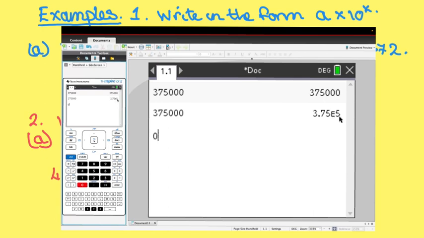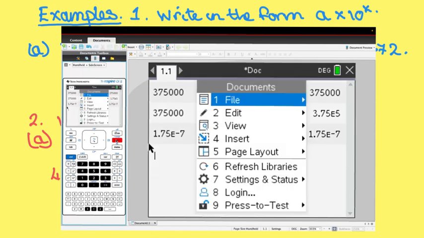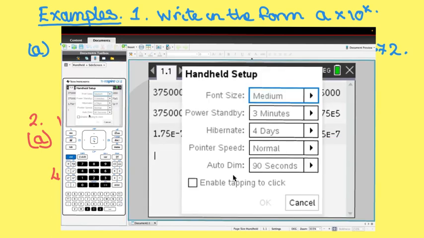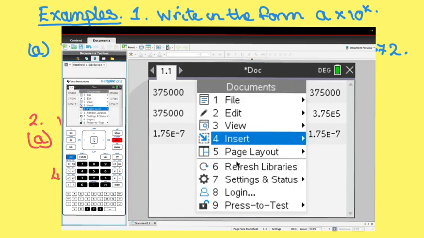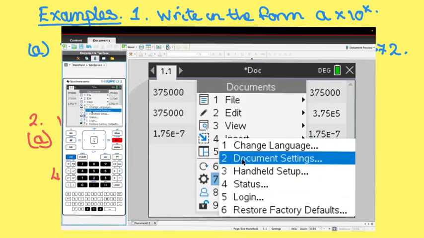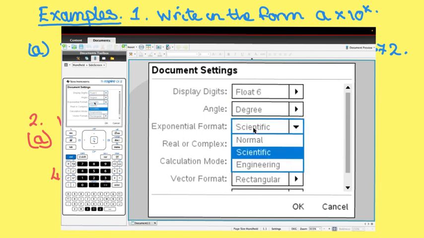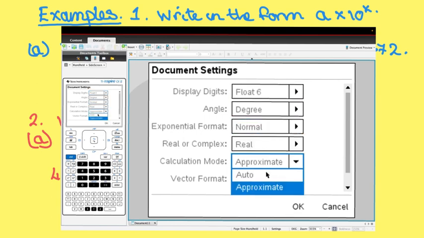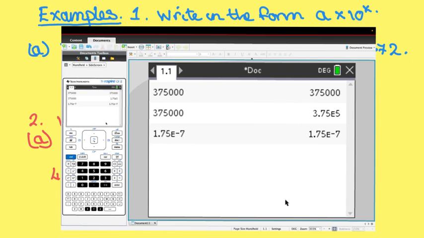And similarly, if I put 0.000175, press enter, it gives it me in standard form, 1.75 times 10 to the power of 7. If I change it back now, I go Documents, 7, 2, change it back to normal, back to auto, OK.